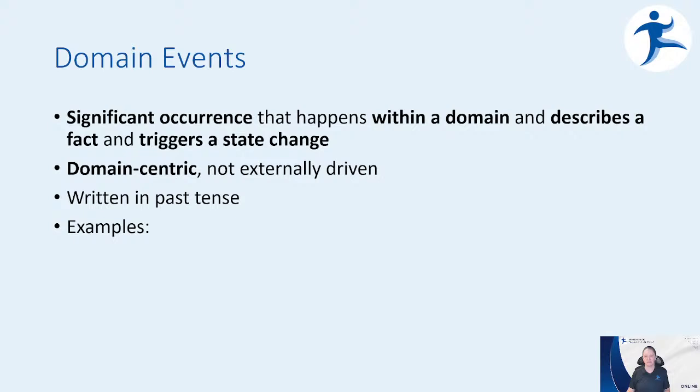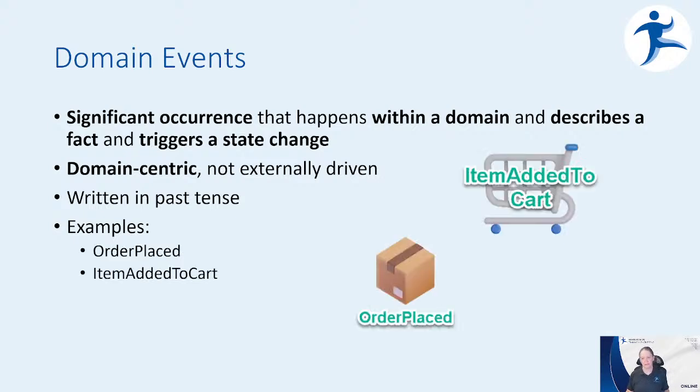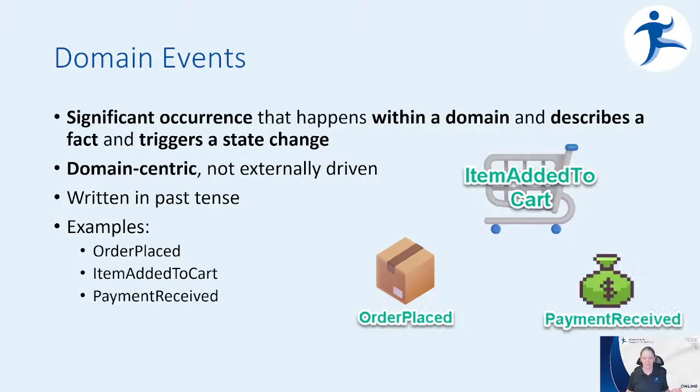Now, examples of some domain events you might see include things like order placed, or item added to cart, or payment received. These are domain events. So this is something happened, and there's probably a state change involved. Now, if you're thinking about the theme that I'm going with, which is shopping, think about shopping online. Well, what happens when you place an order?